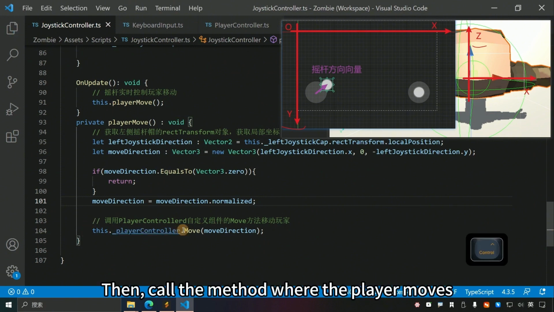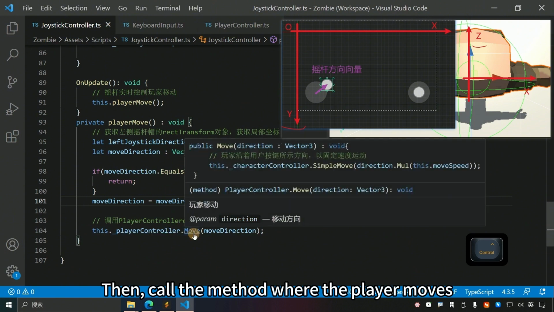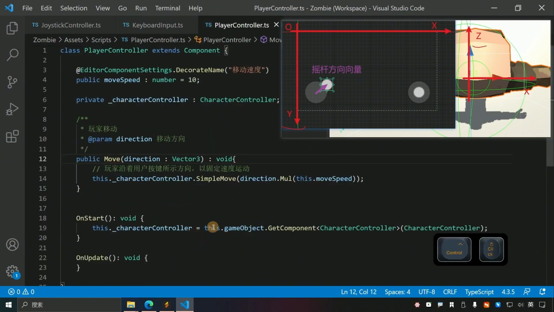Then call the method where the player moves, and just pass the direction in.